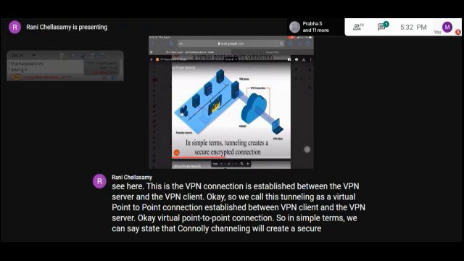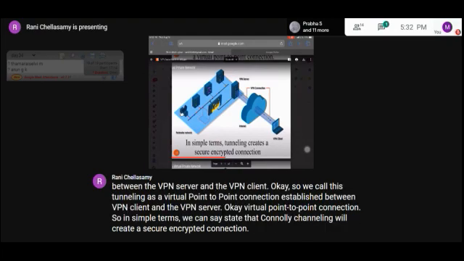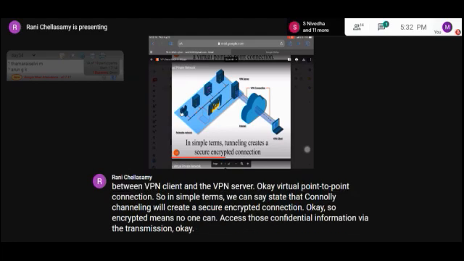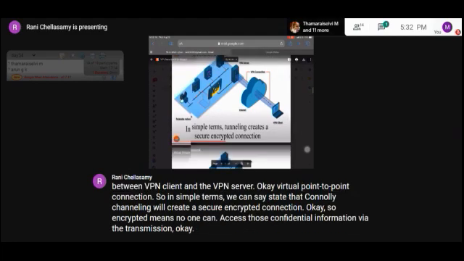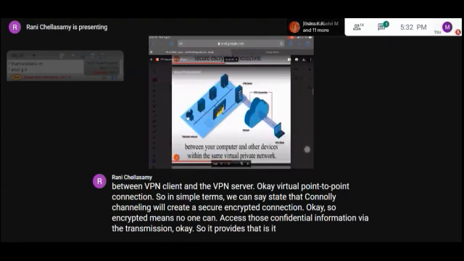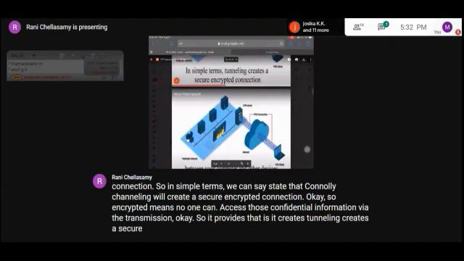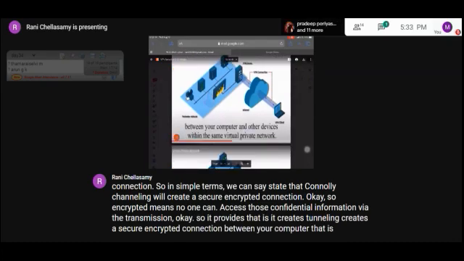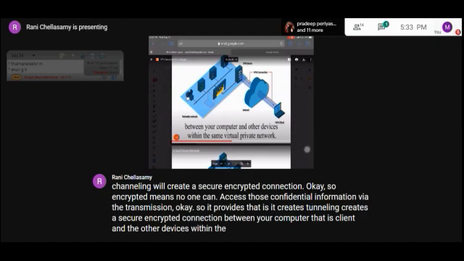Encrypted means no one can access those confidential information via the transmission. So tunneling creates a secure encrypted connection between your computer, that is the client, and the other devices within the same virtual private network.